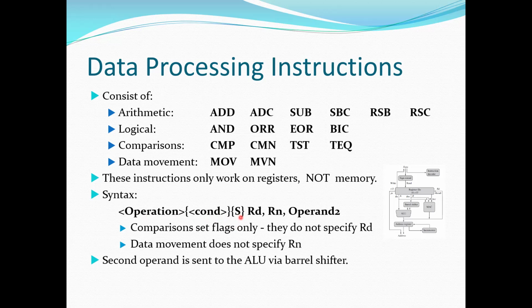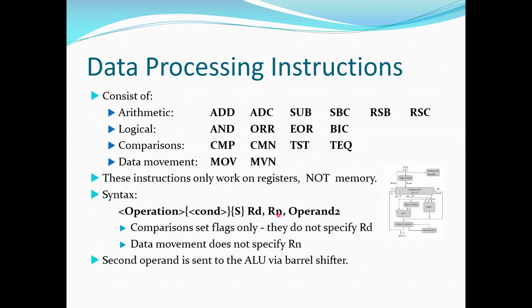Normally in 8051, if you see an addition followed by two registers, it's a basic arithmetic and logical operation, and obviously the flags will be affected in the PSW. But when I come to ARM7, you have an option to affect the flags or not by using this extra letter S. So these are the optional ones. If you haven't mentioned S, flags will not be affected by default. That is about the ARM opcode.